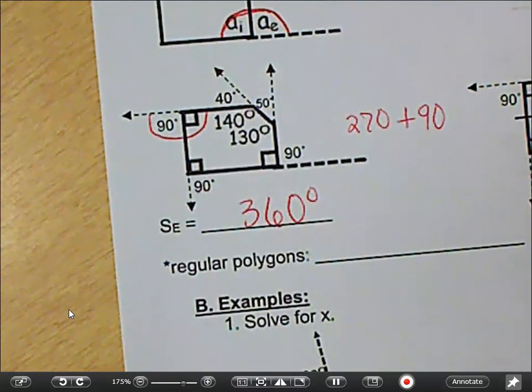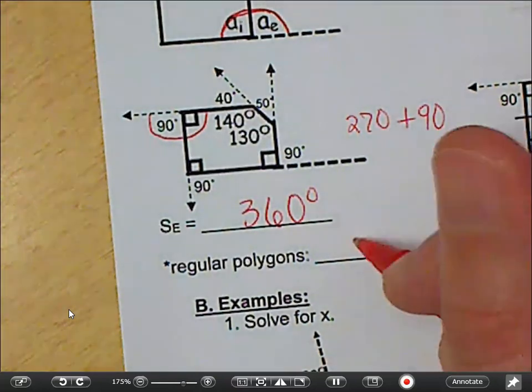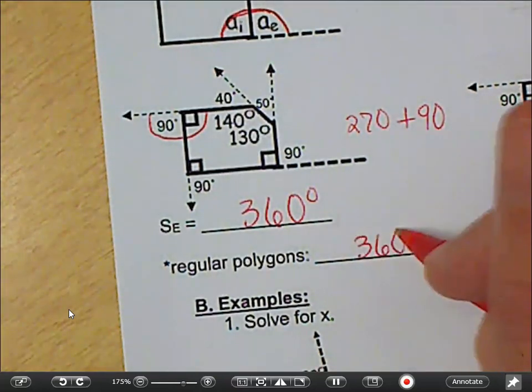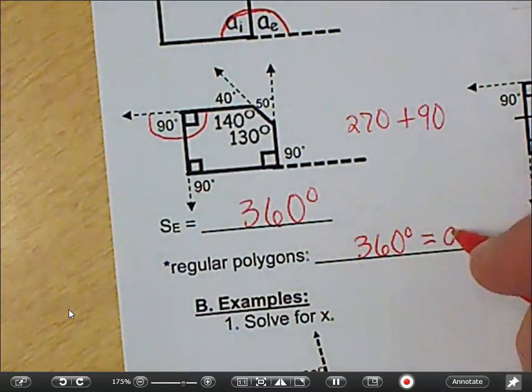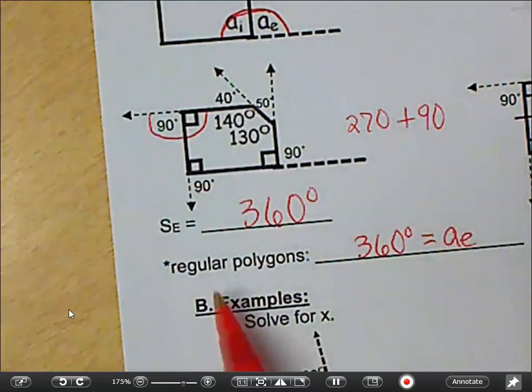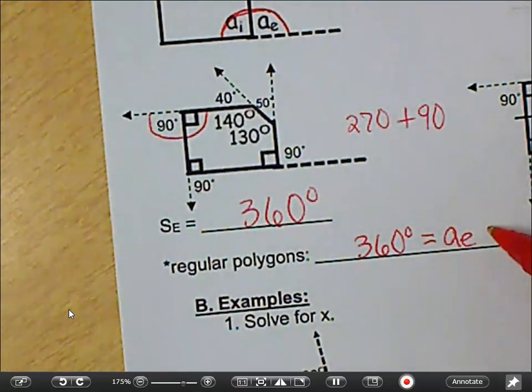Or if you want to think of it in formula form, think of it this way. At 360 degrees, for regular ones anyway. Remember, regular polygons, that's when all the sides are equal, all the angles are equal. So if it's a regular polygon, you can just take how many exterior angles there are and multiply it by the number of sides.